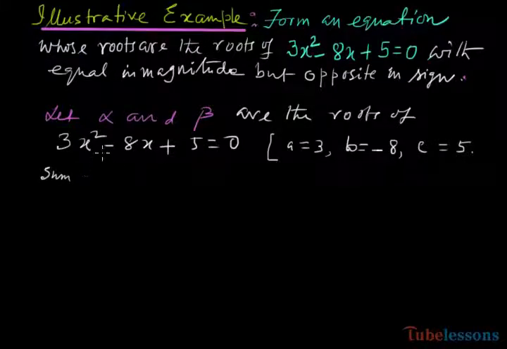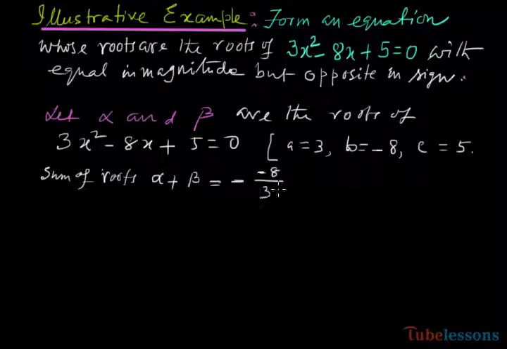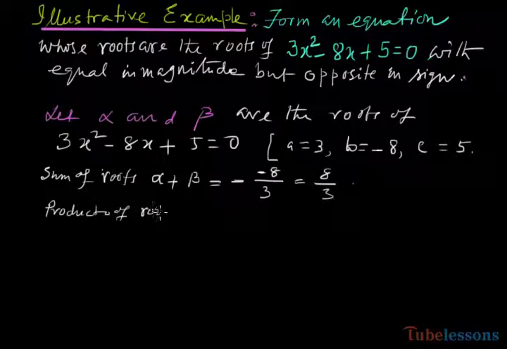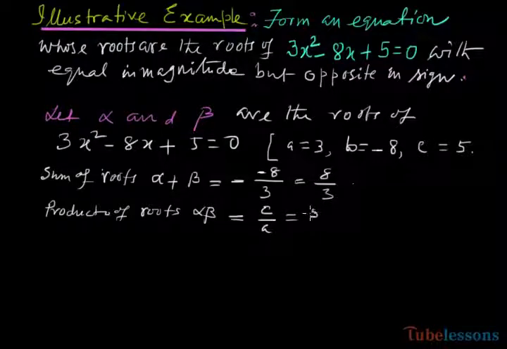So here alpha and beta, sum of roots is minus of minus 8 by 3. So it becomes 8 by 3. And product of roots alpha beta, that is c by a, and here c is equal to 5, a is 3, so 5 by 3.